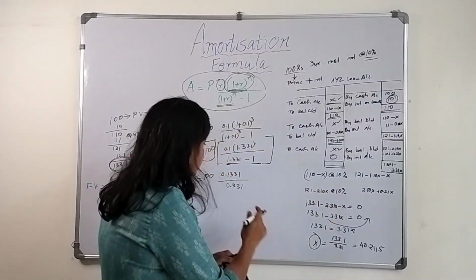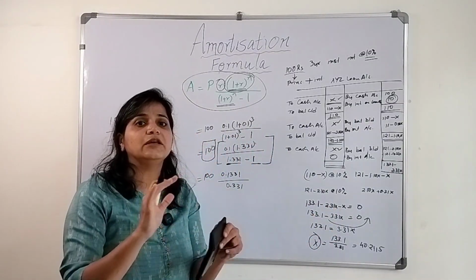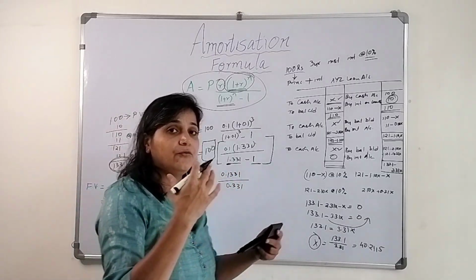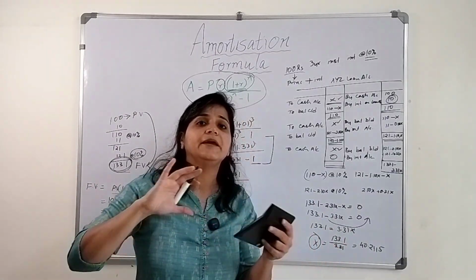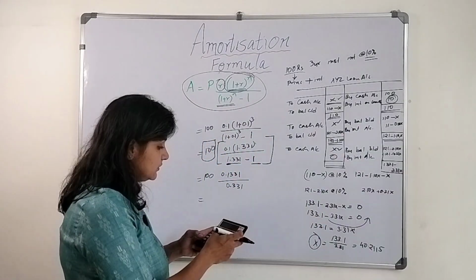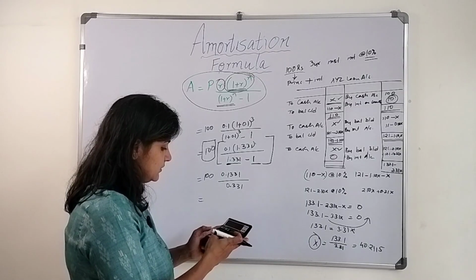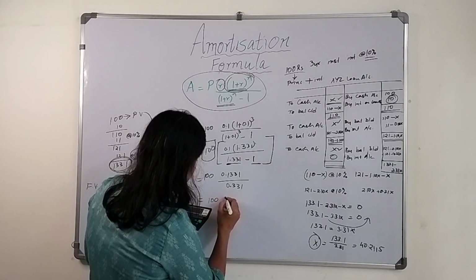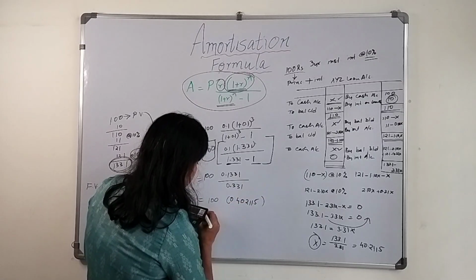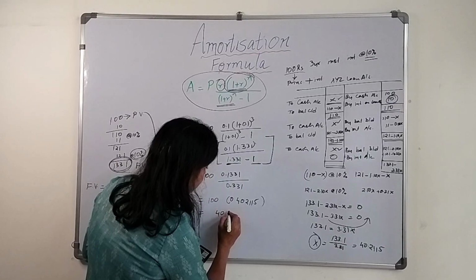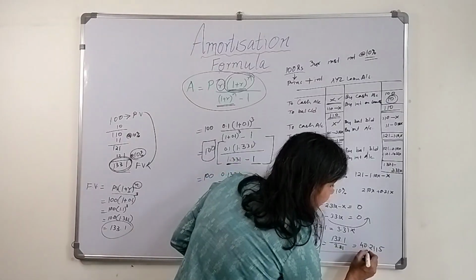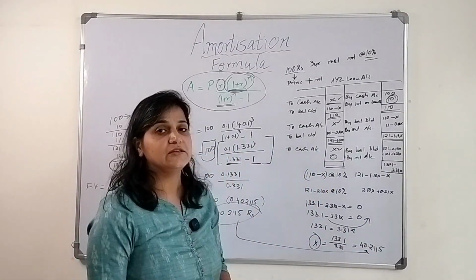This will divide it into equal installments. This interest factor is the weight, and this is the growth over a period of 3 years. So for a particular 1 year, it will be 0.1331 divided by 0.331, that is 0.402115. 100 multiplied by that is 40.2115 rupees, and that's how we get this equal installment amount.